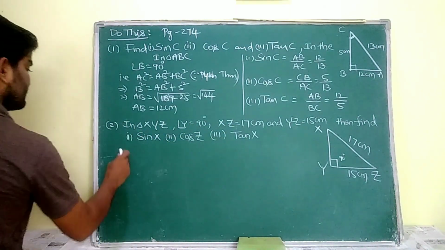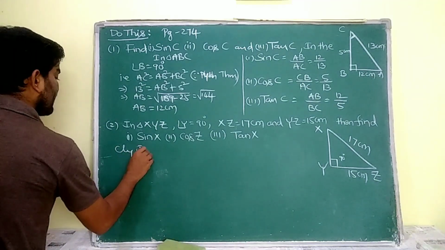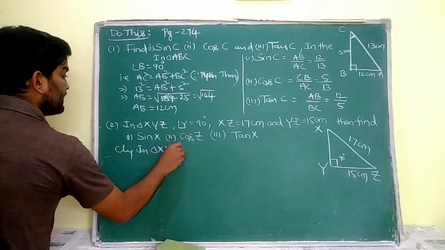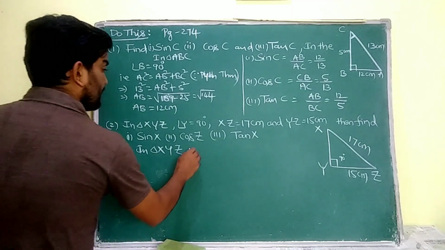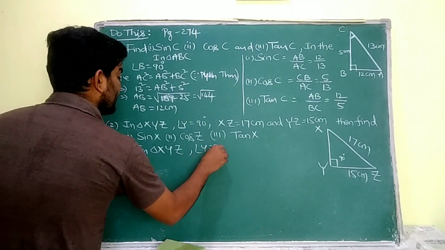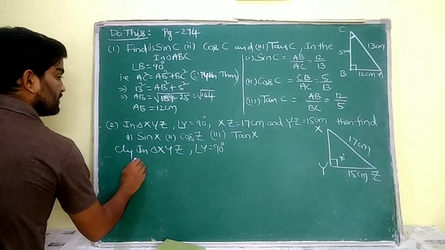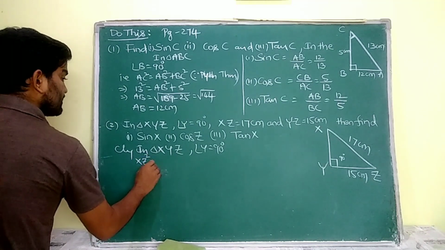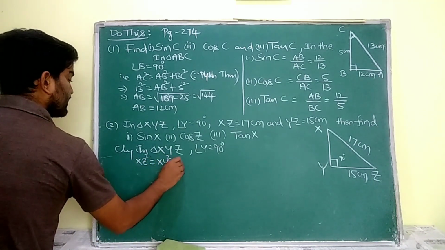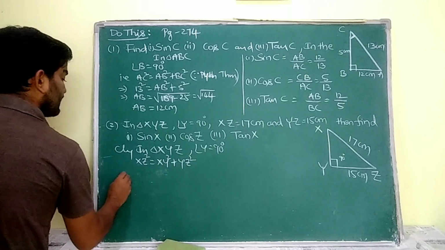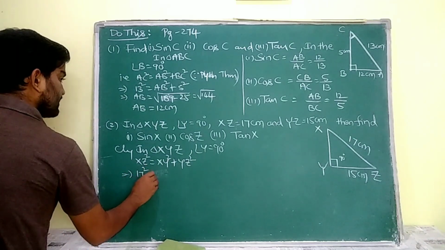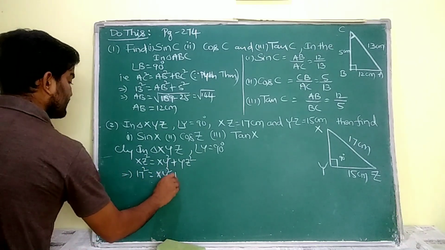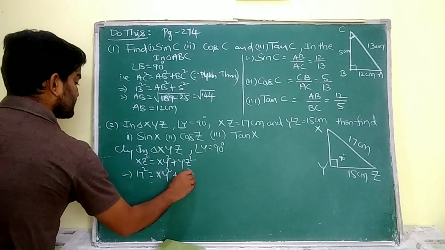Use the Pythagoras theorem. Clearly, in triangle XYZ, angle Y is equal to 90 degrees. So, XZ square is equal to XY square plus YZ square. XZ square means 17 square is equal to XY square, which we don't know, plus YZ, 15 square.